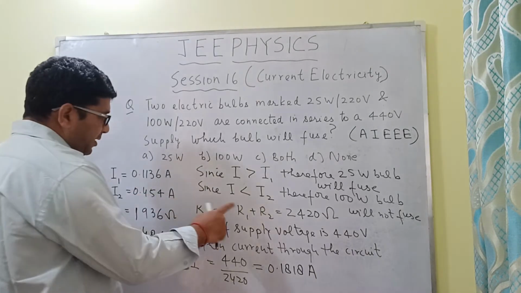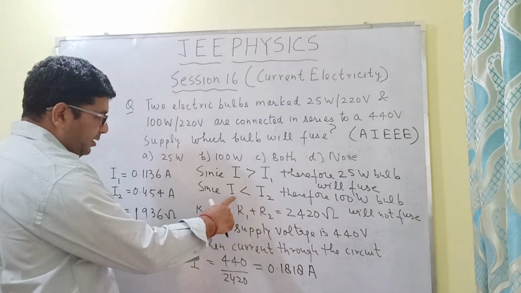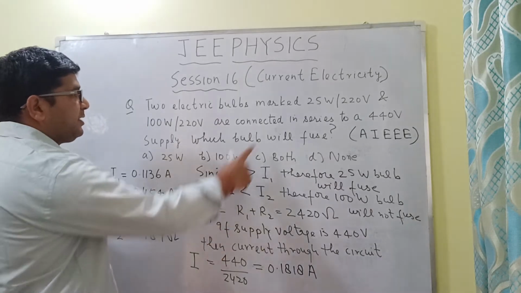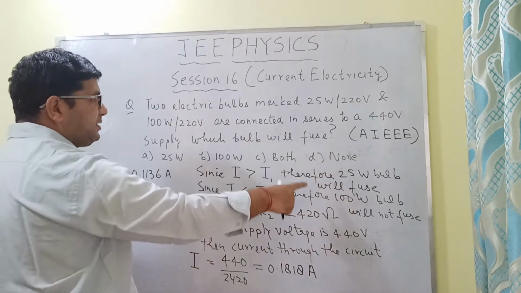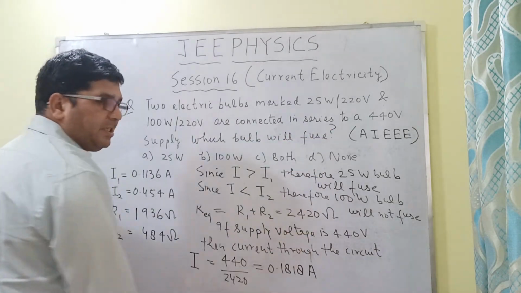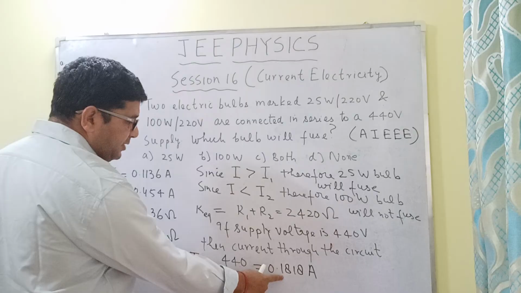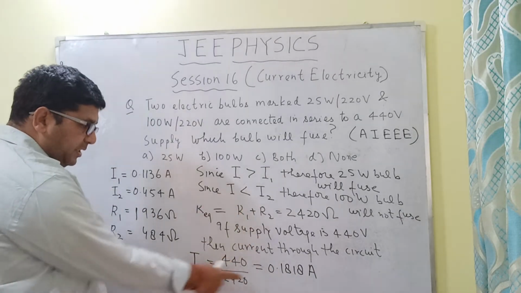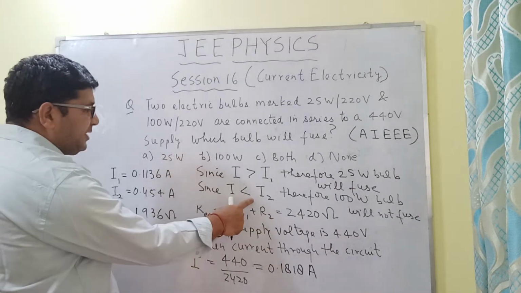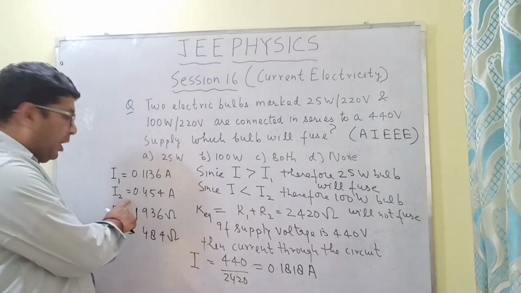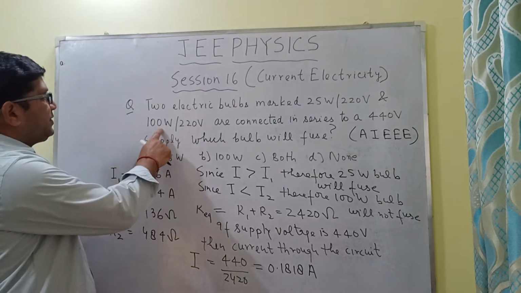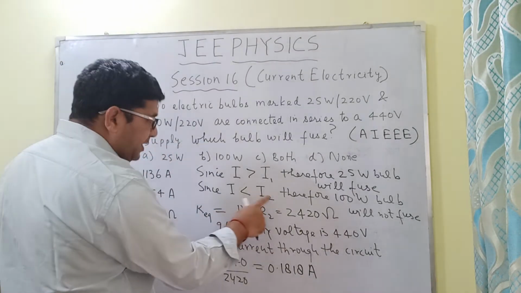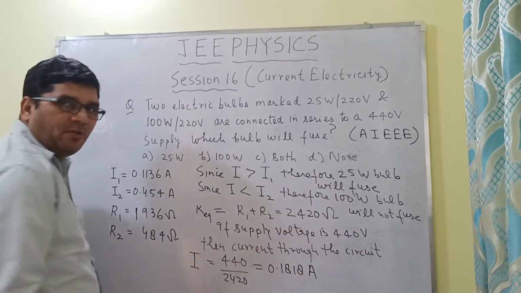Therefore, since the current which is flowing through this circuit, that is the circuit consisting of these two bulbs in series, and the supply voltage is 440 volt, the current is 0.1818 ampere, and since this current I which is flowing in this circuit is less than the allowable current for this 100 watt bulb, therefore this 100 watt bulb will not fuse.